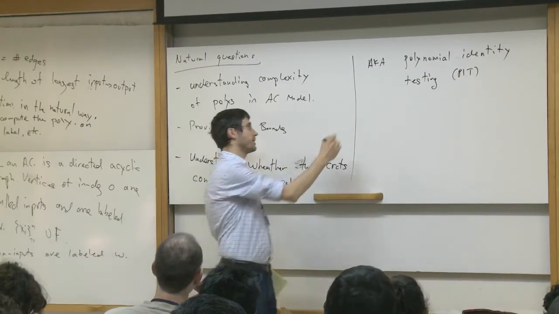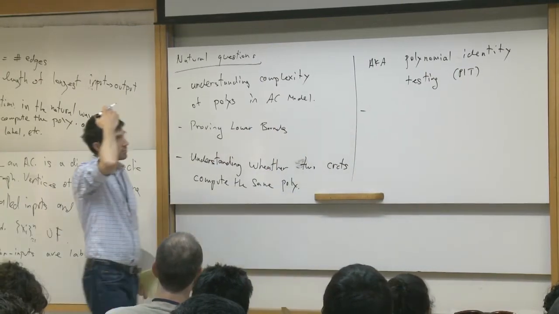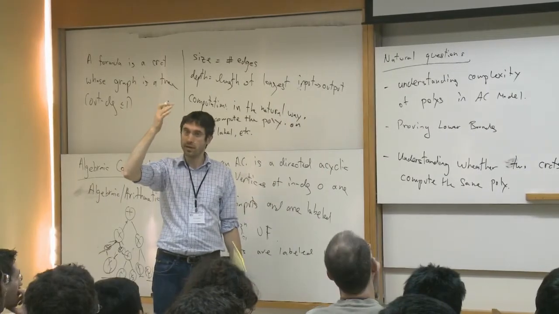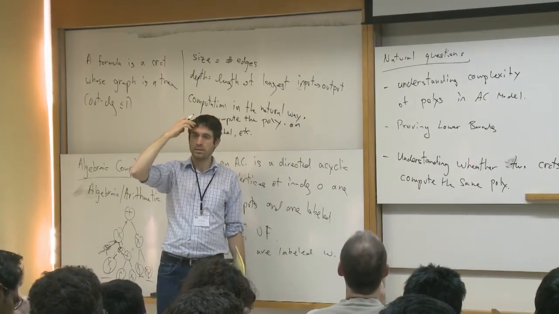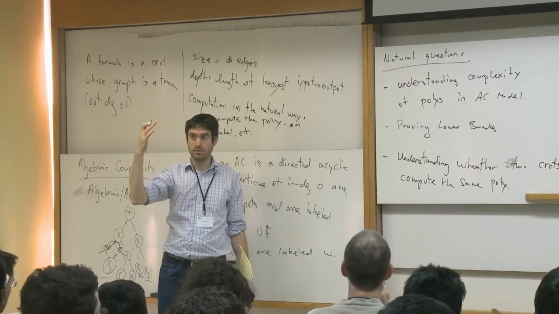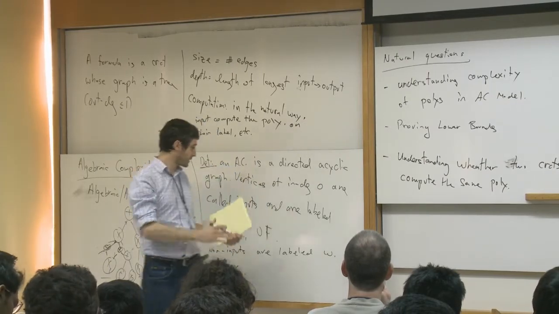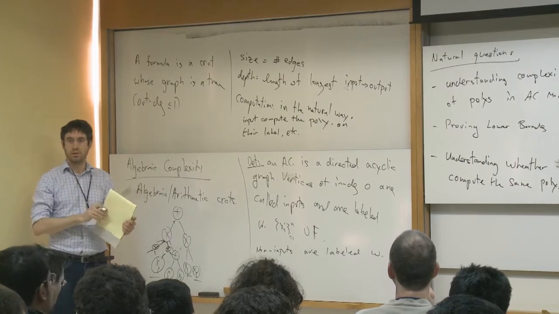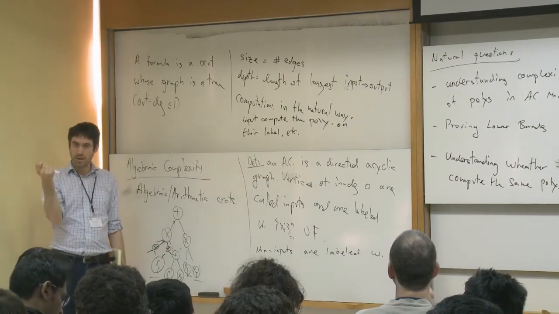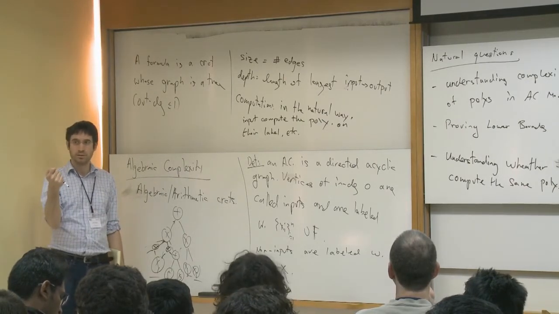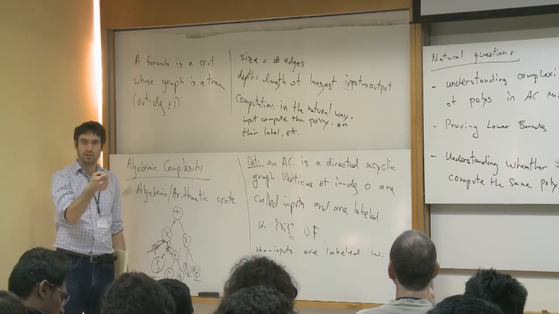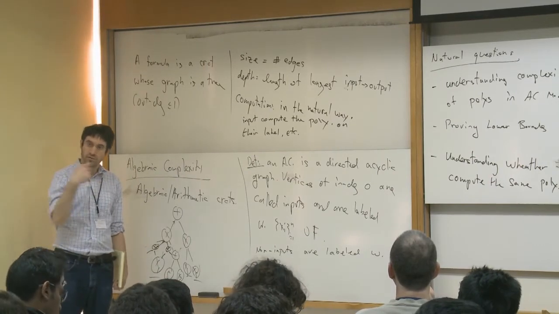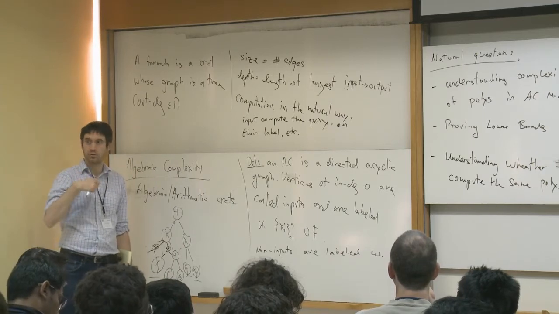Another question that we will not deal with so much in this workshop, but it's still very interesting, is trying to learn an arithmetic circuit. So imagine that there is some arithmetic circuit inside the box, and you can give the box an input to the circuit and get the value of the circuit on that input. You feed in an input, you get an output. You feed an input, you get an output.